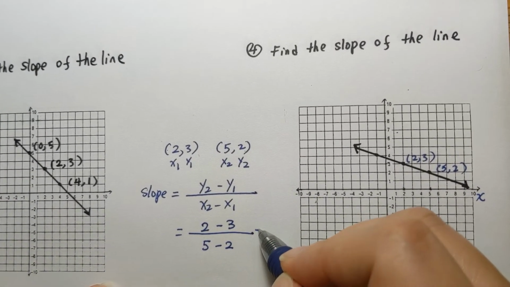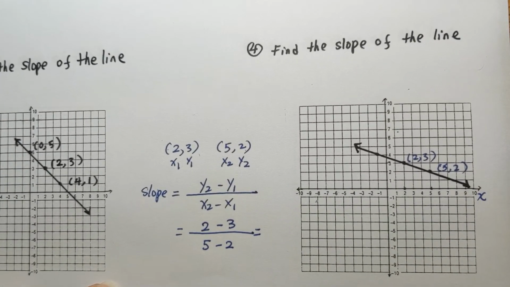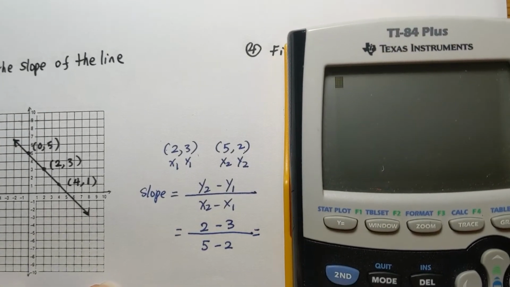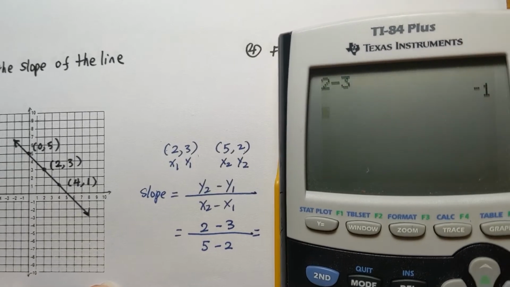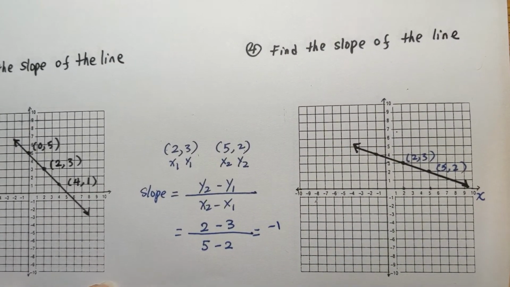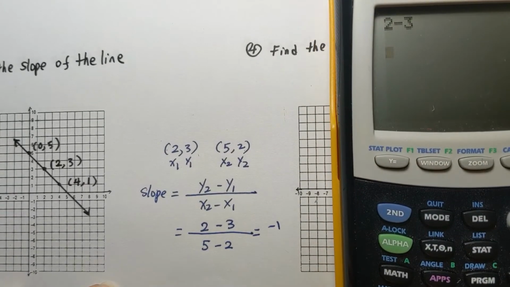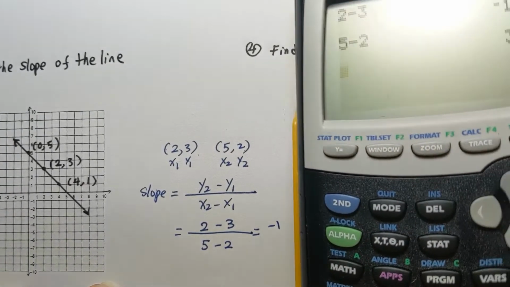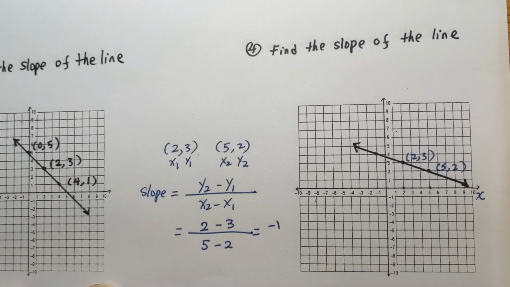Next step, we just have to use our calculator. Now 2 minus 3 equals negative 1. And then 5 minus 2 equals 3.